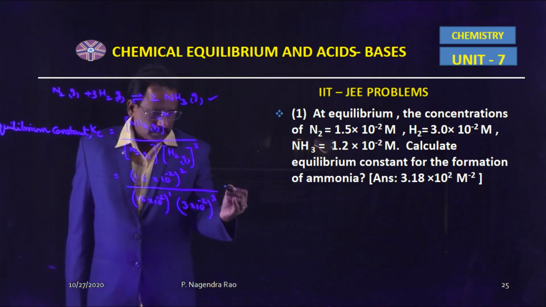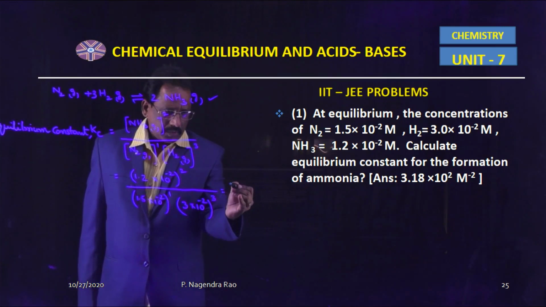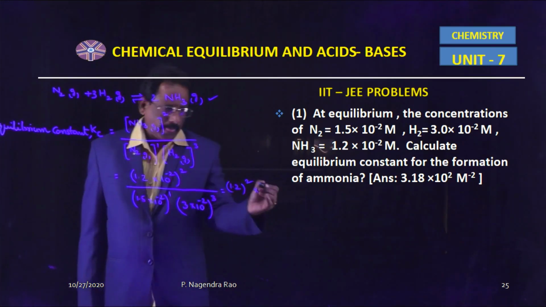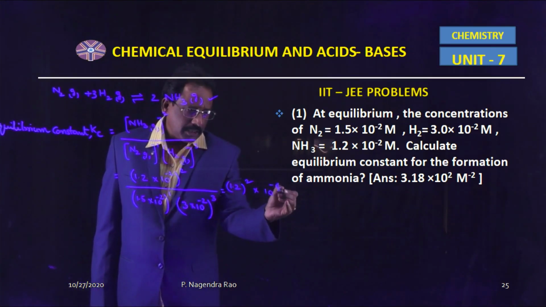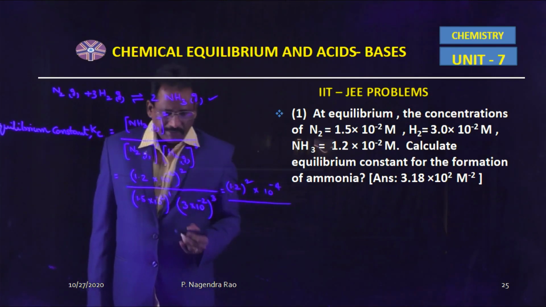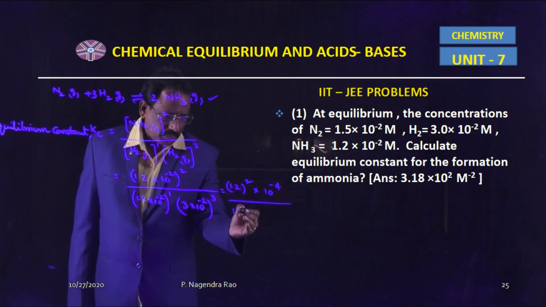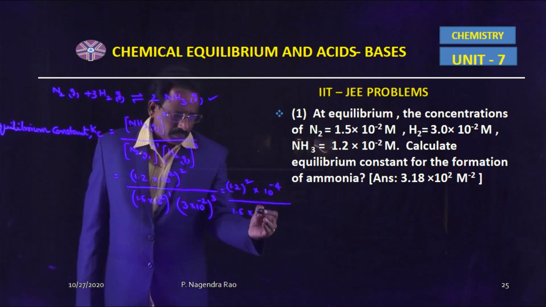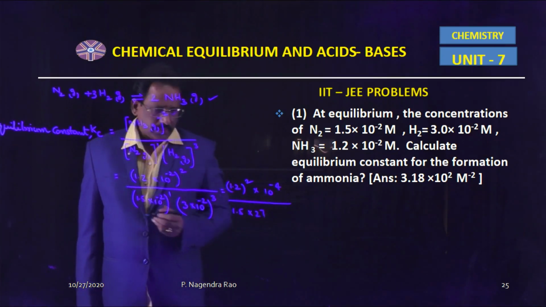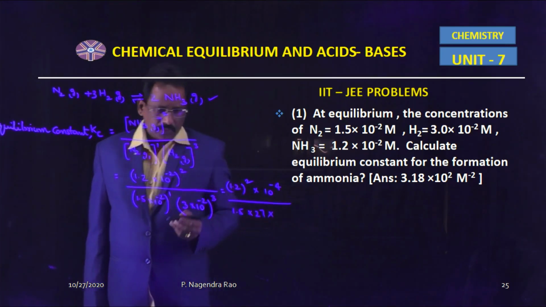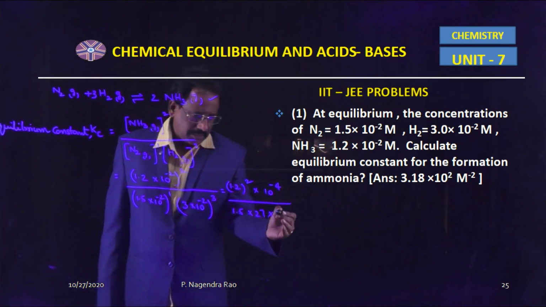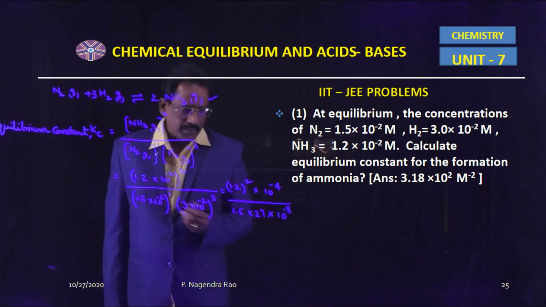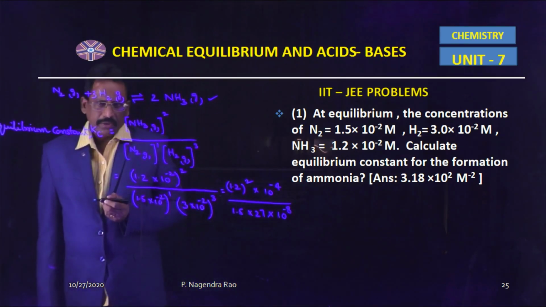So this is equal to 1.2 whole square into 10 power minus 4, whole divided by 1.5 into 3 cube, 27, into 10 power minus 6 and 10 power minus 2, 10 power minus 8.